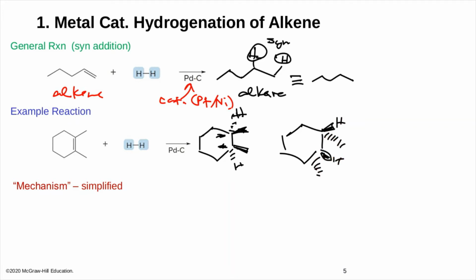But as we see, with 2 chiral carbons, if we draw the structure 3-dimensionally to show that syn addition, this is a meso compound. It's got an internal plane of symmetry, which means that its mirror image, enantiomer, is the same compound. That's not an enantiomer, that's the same compound.